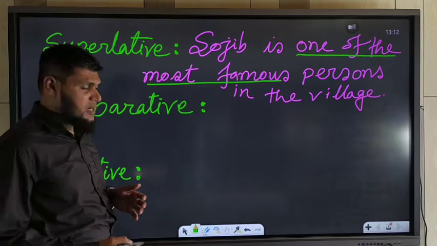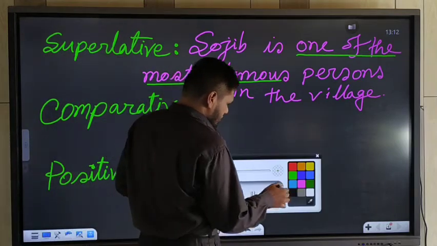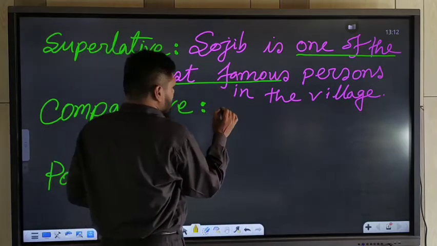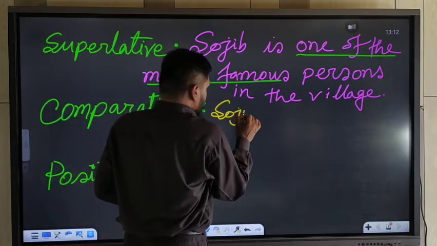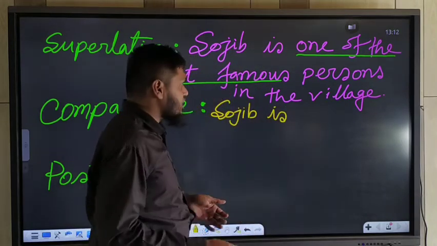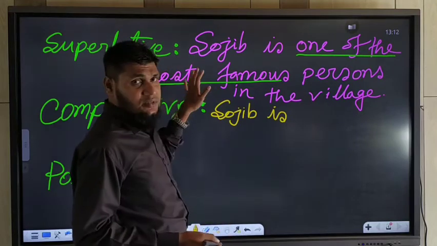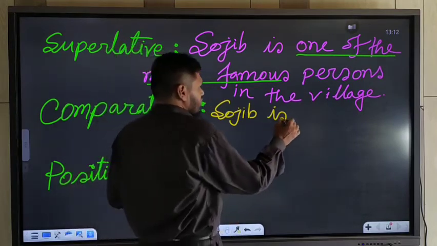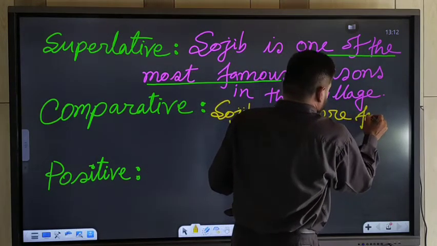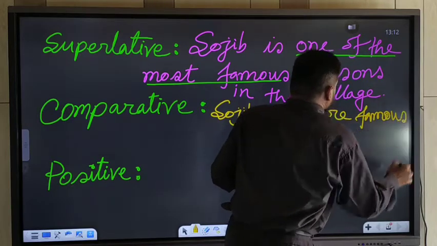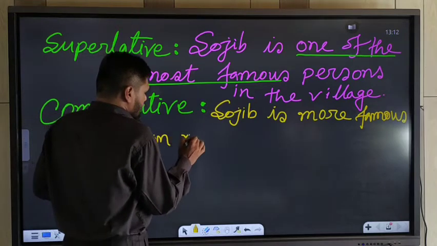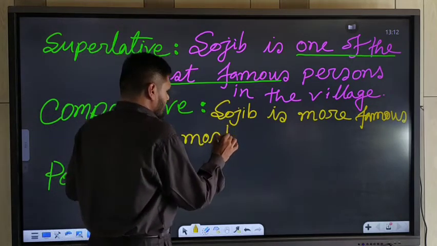So what will you do in comparative form? At first you should write down subject and verb. Shojib is. Then you should write down the comparative form of the superlative degree. So most famous, you should write down more famous. Then you should use most other or many other after the comparative degree.